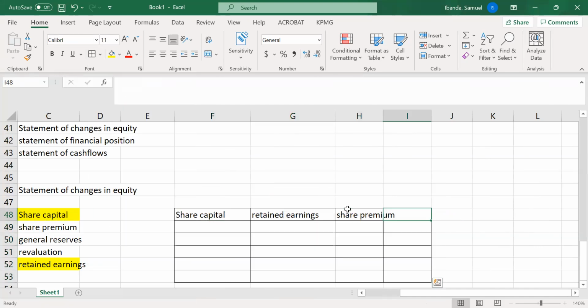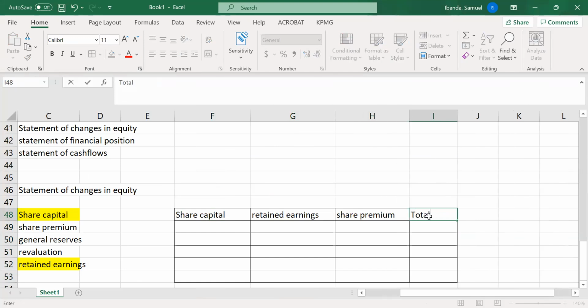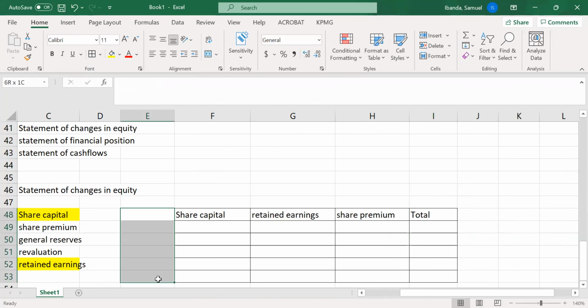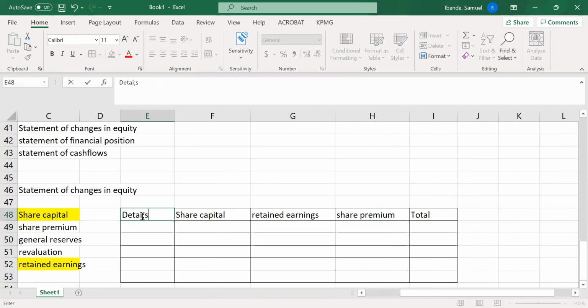Usually we also add a total here, and here we usually include the details. Sometimes we can have the debt here.